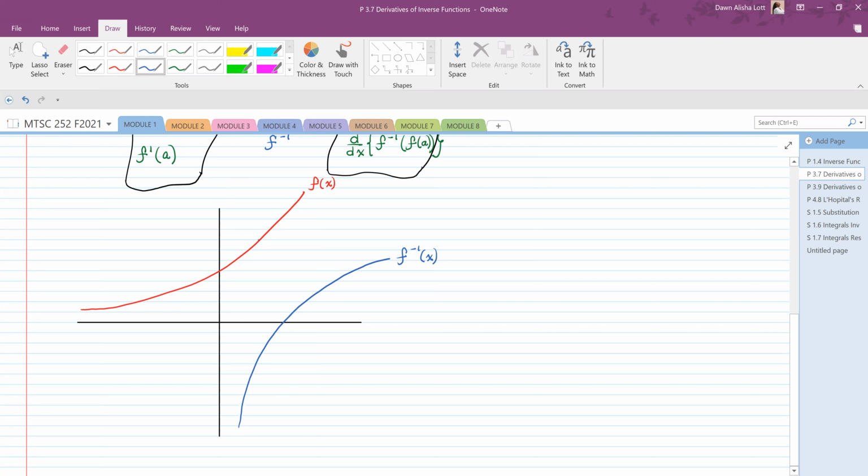The point on the function is A, f of A, and the point on the inverse function is f of A, A. Here's the slope at this point, and here is the slope at this point.